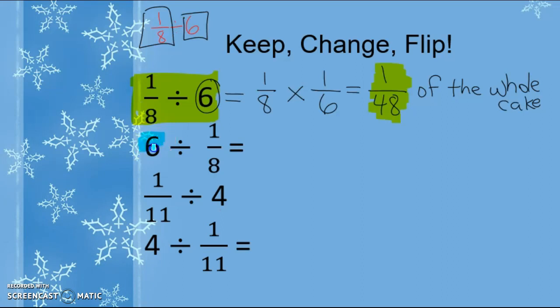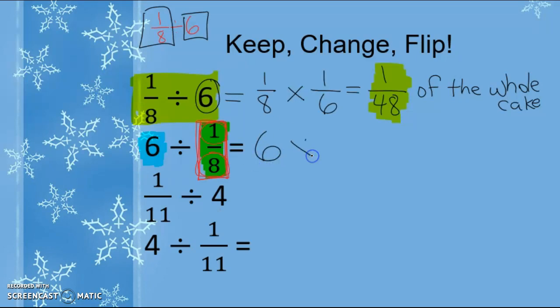Now we can say maybe Susie has 6 whole cakes and she wants to cut them into 1/8 servings. So she's going to cut each cake into 8 pieces and each person is going to get 1. So she has to cut them into 1/8 pieces. The question is, how many pieces of cake that are this size, 1/8 servings, will there be? We're going to use the same strategy. We're going to keep the 6.